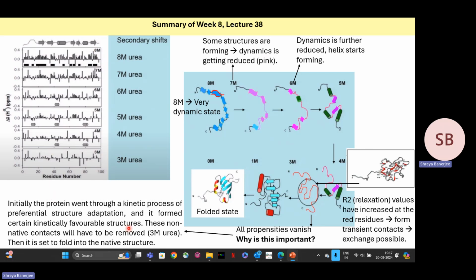So as it is going through the folding process, it is forming certain kinetically favored structures, like here beta sheet, here alpha helix, and beta sheet, and so on. All these kinetically favorable structures with the non-native contacts will have to be removed to get a structure which has no propensity to form either alpha helix or beta sheet. Only then the protein can fold into the native folded state.